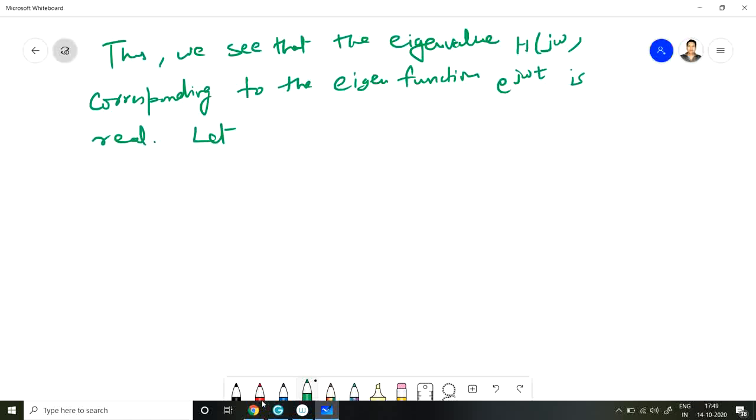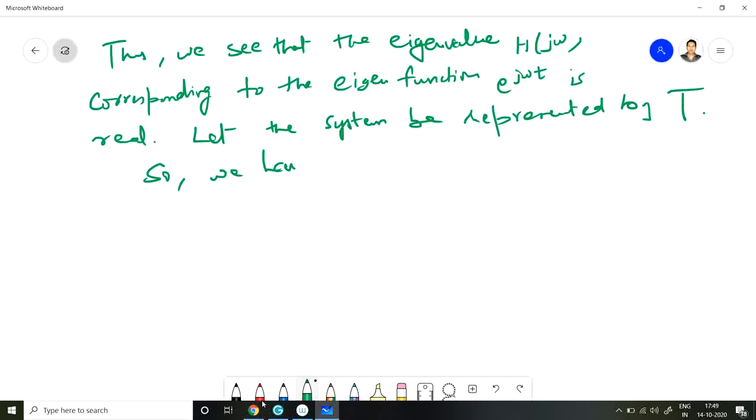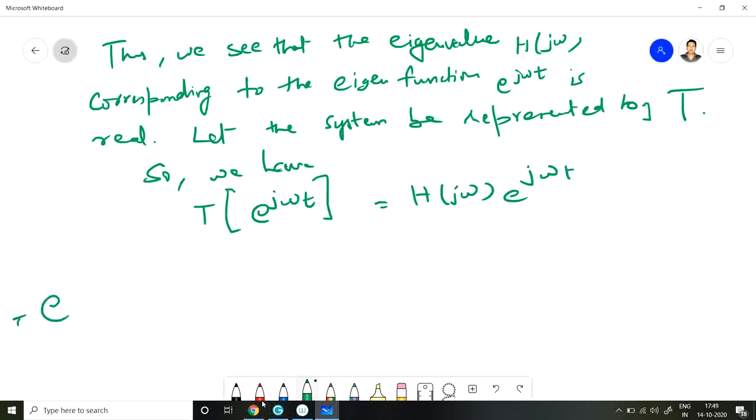Let the system be represented by T, the system operator. Inside this we apply the input e^(j omega t). The output is H(j omega) e^(j omega t). It is just like if we apply e^(st), then we get H(s) e^(st).